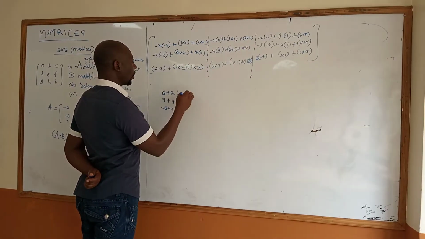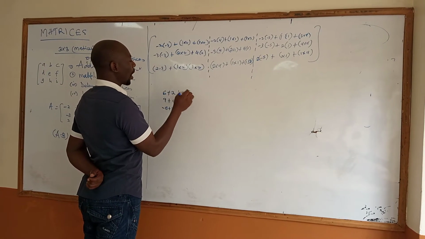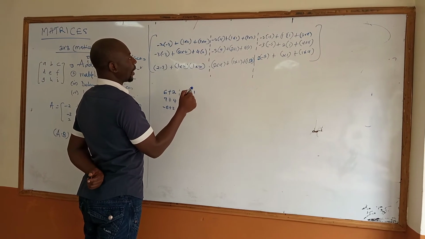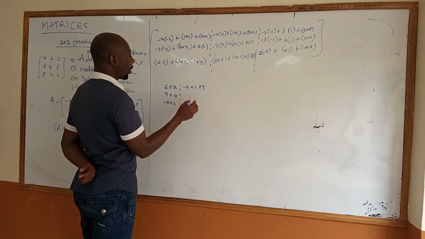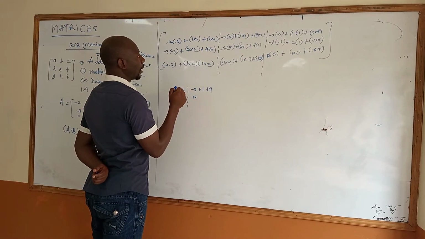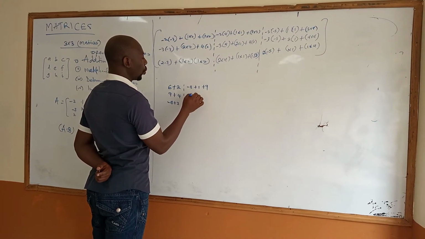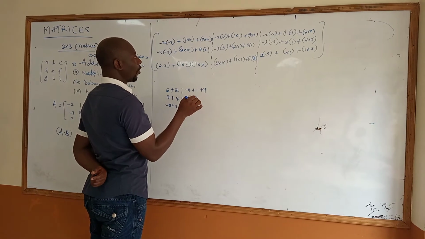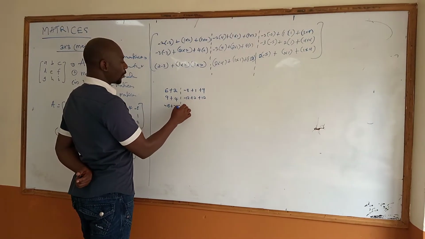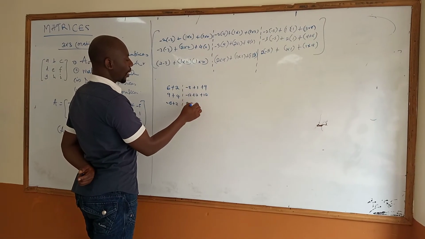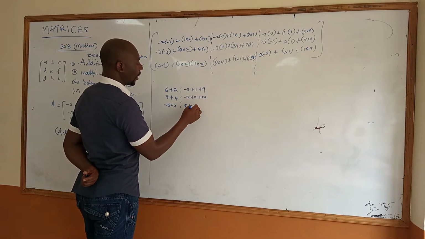Then negative 2 by 4 gives you negative 8. 1 by 1 gives you plus 1. Then 3 by 3 gives you plus 9. Negative 3 by 4 gives you negative 12. 2 by 1 gives you 2. Then 4 by 3 gives you positive 12. 2 by 4 gives you 8, plus 1 by 1 gives you 1, 1 by 3 gives you 3.